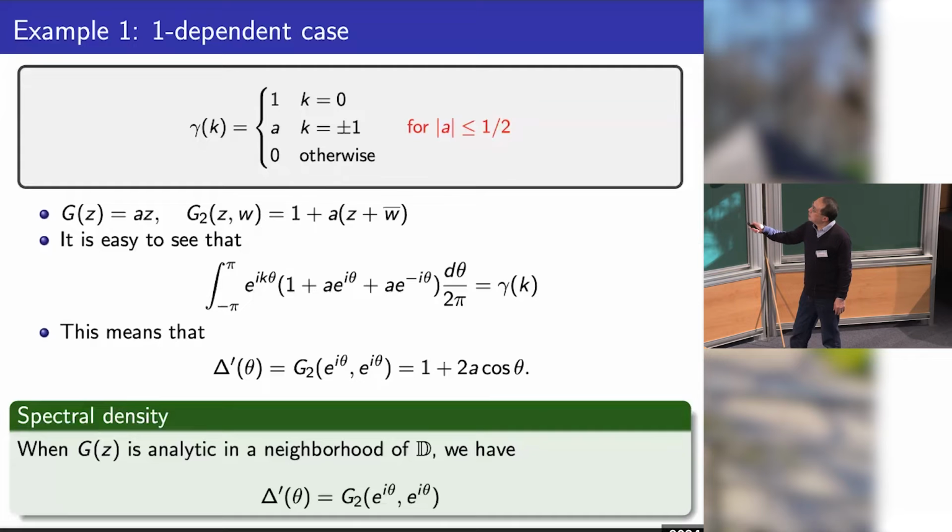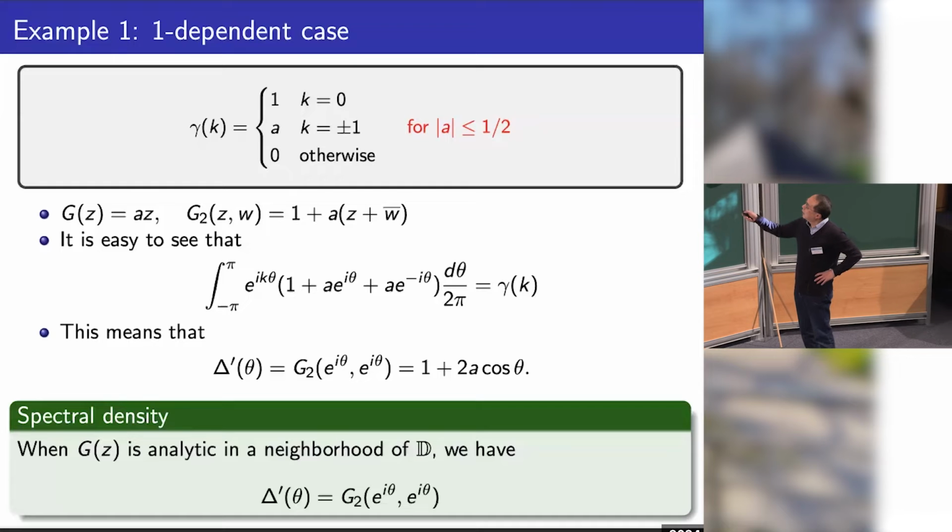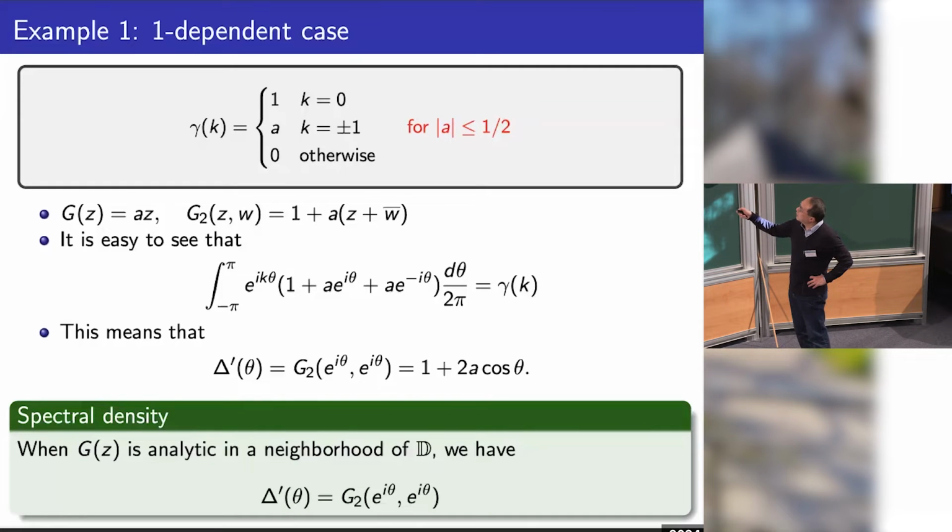And then g of z equals a z, and the kernel is something like this. Then you can see that the Fourier transform of this function is equal to gamma k. This means that this part is the spectral density. So for this gamma k, we have a spectral density equal to 1 plus 2a cosine theta.